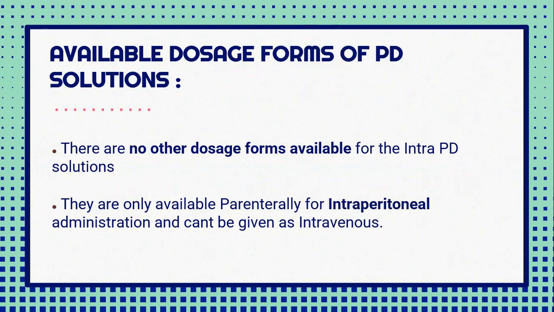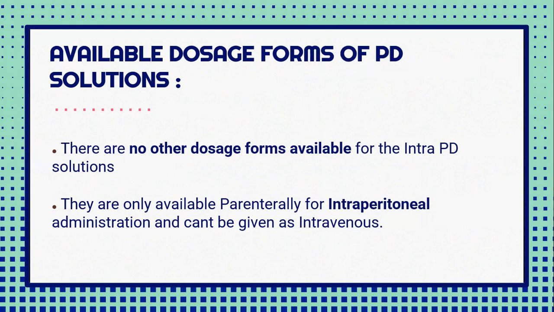As we have already discussed, we cannot give peritoneal dialysis solution in any other dosage form. That is, it can't be given orally, or topically, or transdermally, or by any other means. The only route is parenteral. And even when it comes to parenteral, we can't give it IM, we can't give it IV, we can't give IA, we can't give SC.